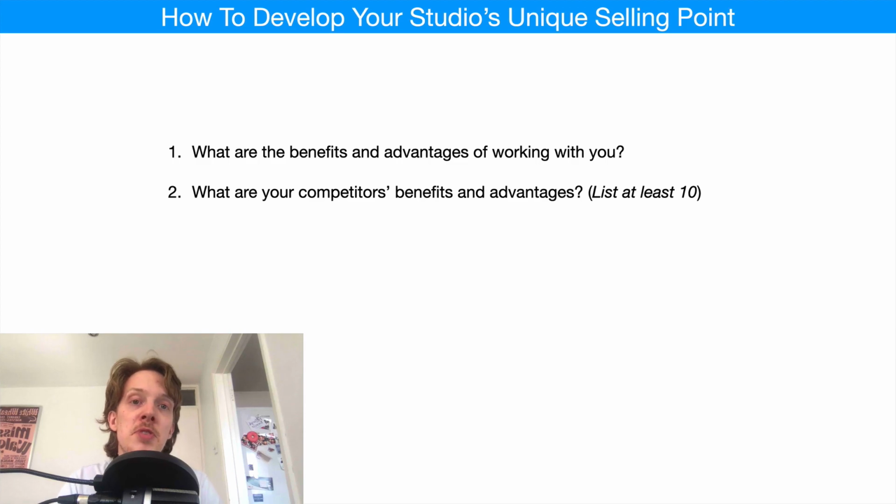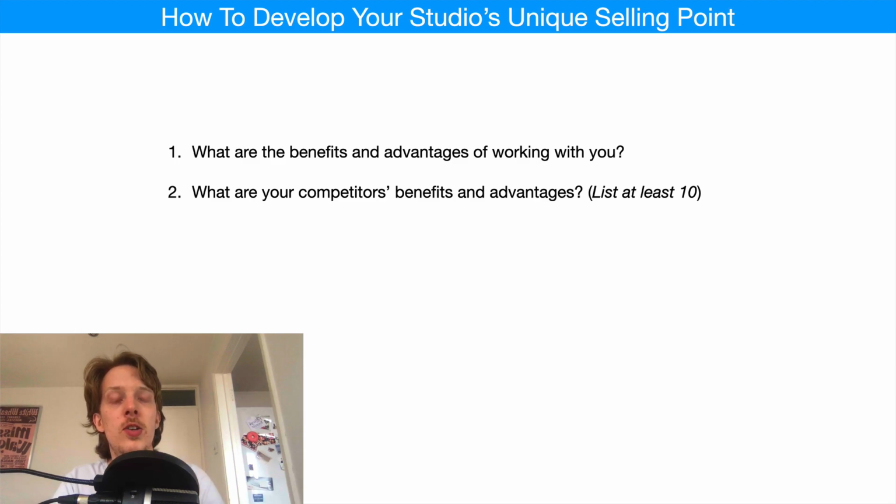That's a USP for that particular studio. This point in the exercise takes a bit of time, so don't stress about it. Go through it, and the more detailed you are, the better results you're going to get in the end. So take your time, find at least 10, and write down their benefits and advantages.